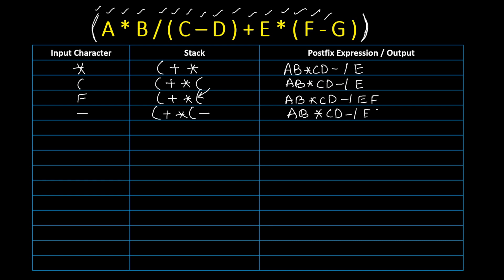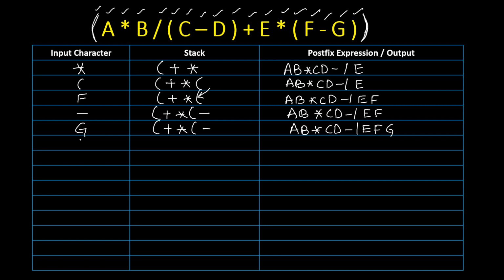So E, F. Next one is G. G is an operand. Whenever you have an operand, it is very simple: directly add it to the postfix expression, and there is no change in the stack.